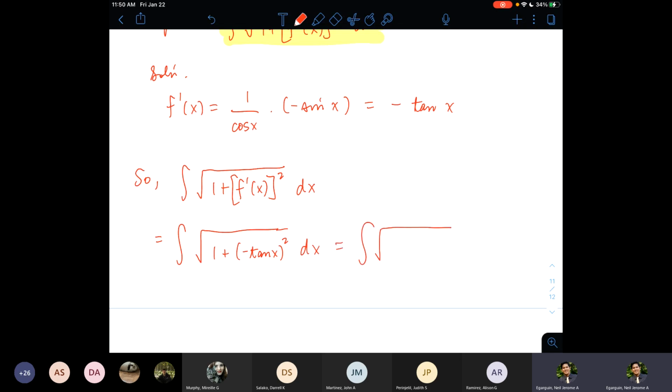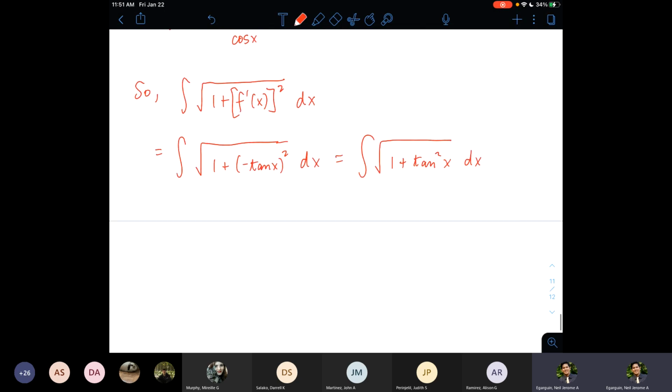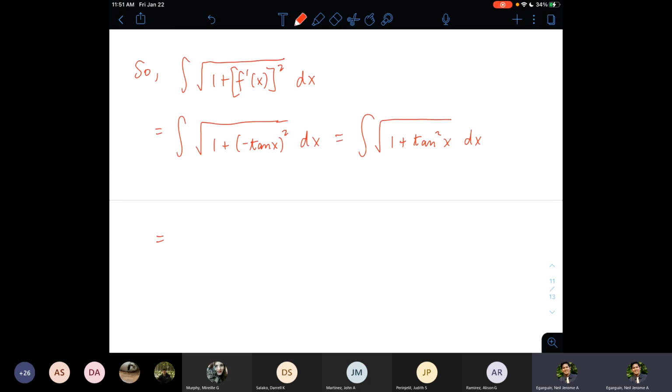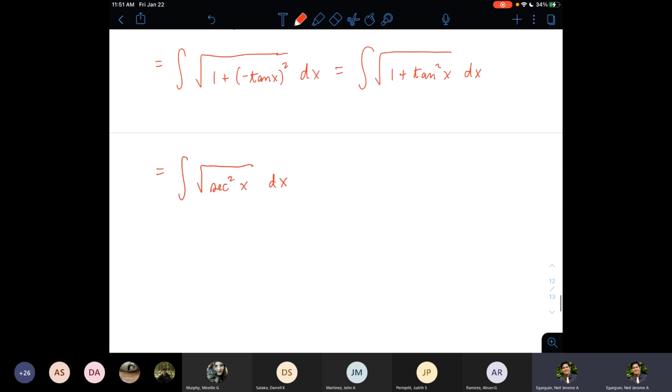Simplify further, you'll get the square root of 1 plus tangent squared x, dx. And then what? Remember your trig identities? 1 plus tangent squared x is secant squared x, if you remember your Pythagorean identities.